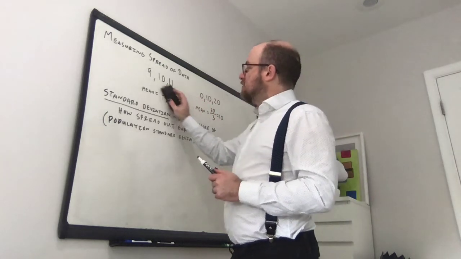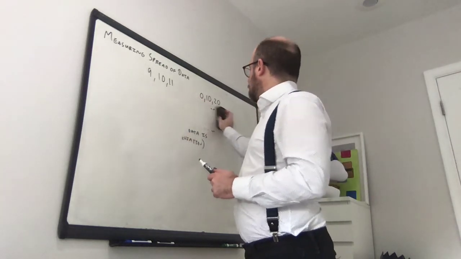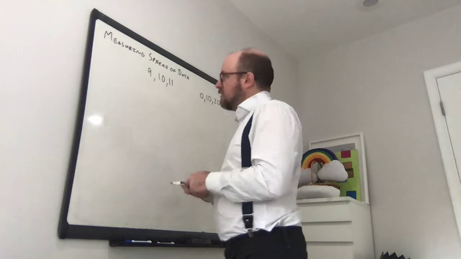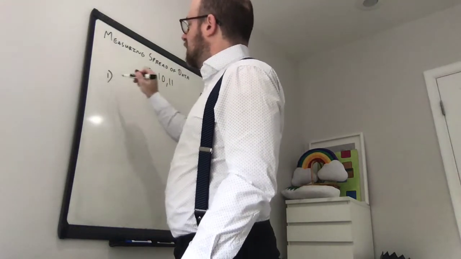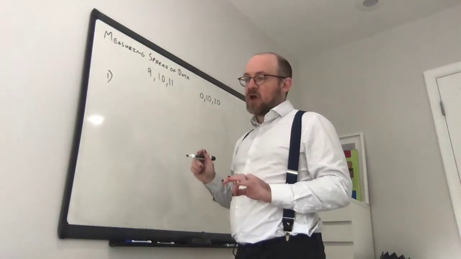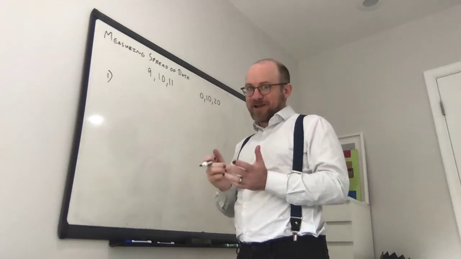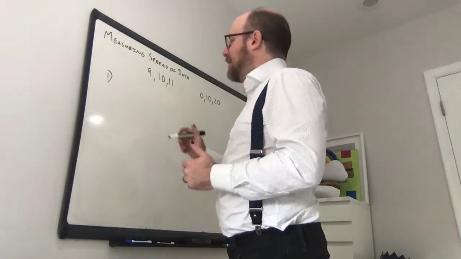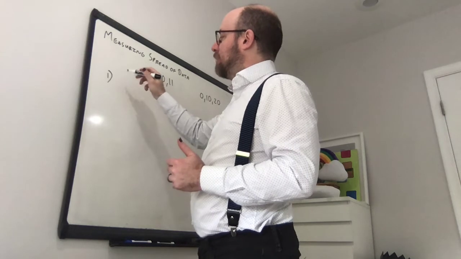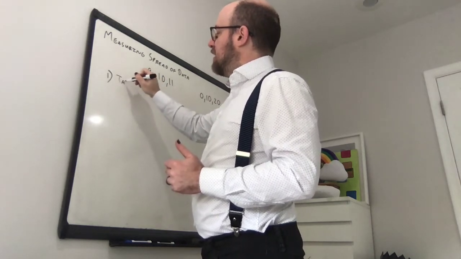So what you're going to do is in each example first, so there are steps to this, right? If you do it with your calculator, you can just plug it right in and take it. But if you want to do it by hand, it's a little bit more complicated. So first, take the mean.